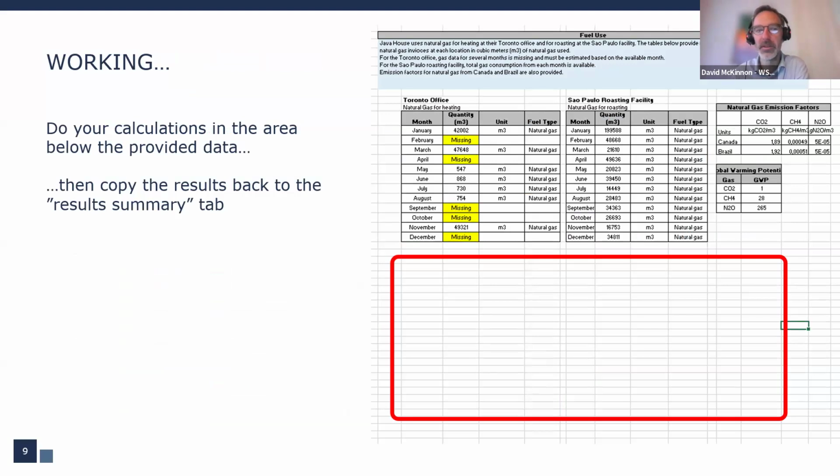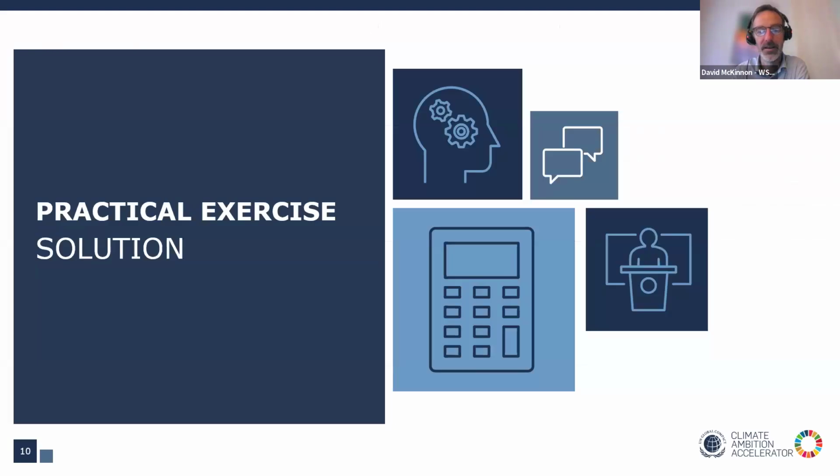And then just copy the final figure that you get back to the results tab. A quick tip, which I'm sure you're all very much aware of, is that the emissions are calculated by multiplying the consumption of whatever it is you're looking at by the emissions factor for whatever it is you're looking at. And there's a sneak preview of the solution.